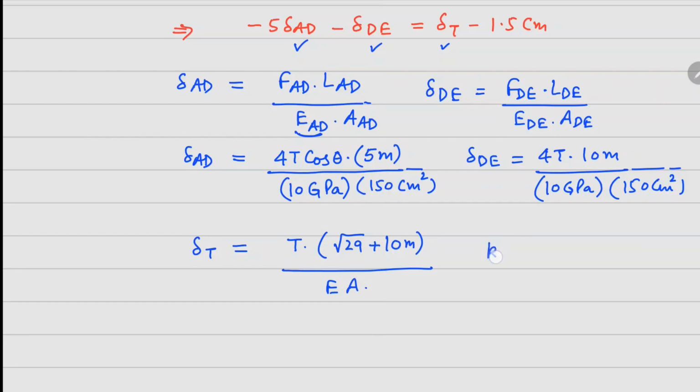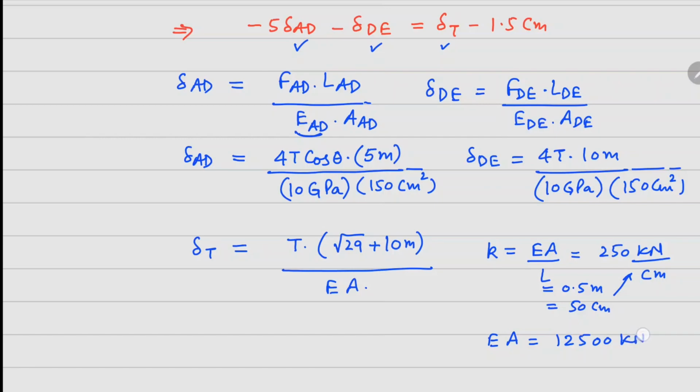The K value for this cable is known, and using Hooke's law, we know that this is EA over L. So this is given as 250 kilonewtons per centimeter, and that is for a length of 0.5 meters, which is equal to 50 centimeters. So if I multiply this on this side, I get a value of EA, which is 12500 kilonewtons. So I can use that value right here.